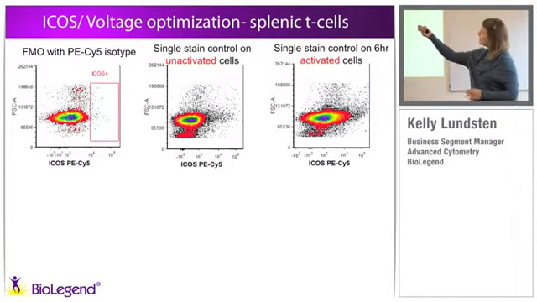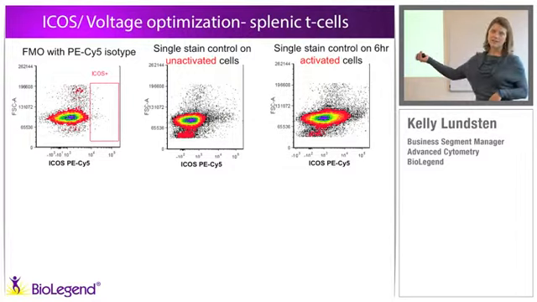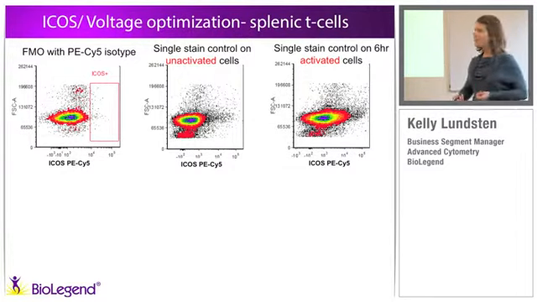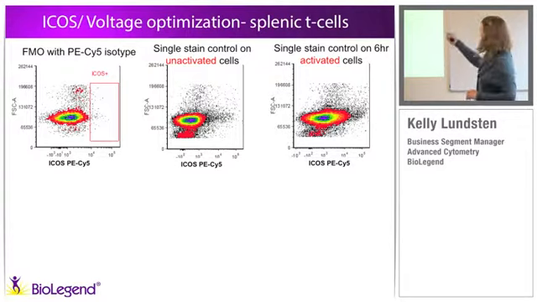So here in this instance, again, I'm using a PE-Cy5 isotype in lieu of absolutely negating the antibody from the FMO, because PE-Cy5 is a very attractive molecule for dendritic cells and macrophages, for example. So in this case, I actually had a really nice clean gate of my ICOS. When I looked at my unactivated cells, there's a little bit of ICOS expression going on, independent of big activation, but it very much changes.